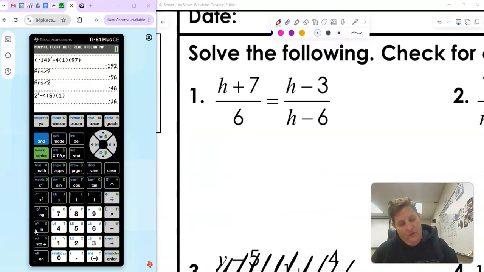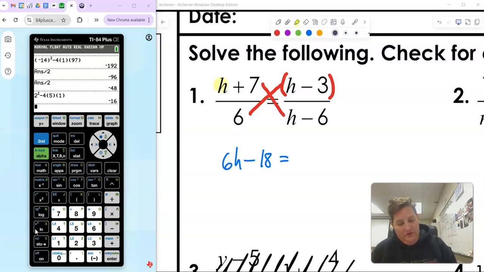We've got when you just have a fraction equal to a fraction and you cross multiply. Now when I'm multiplying this, okay, I have to distribute the 6 to both sides. So it's going to be 6h minus 18. Alright, then I go across and go that way. And when I multiply these two things, guess what I have to do? You know it.